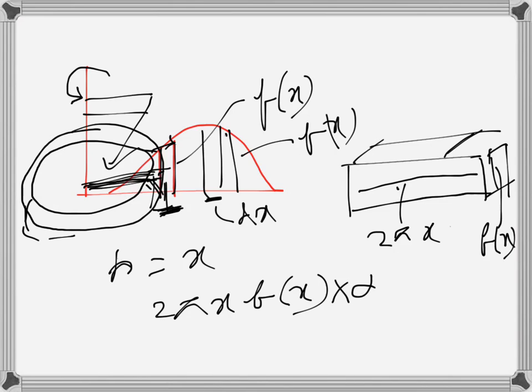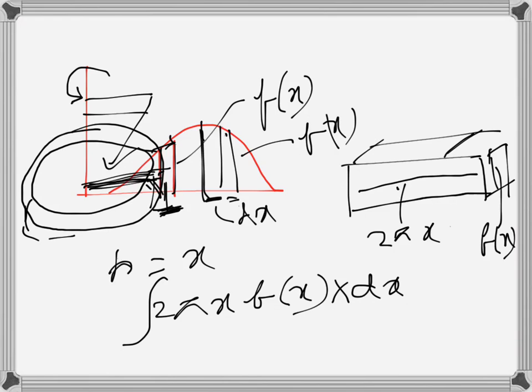When we multiply by dx, we get the volume of one shell. Here we have many shells, one inside another, with different radii and so different perimeters, but the same thickness dx. The height will also be different because f(x) is changing.